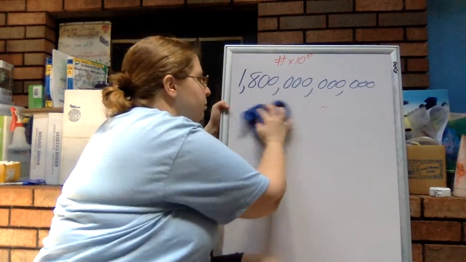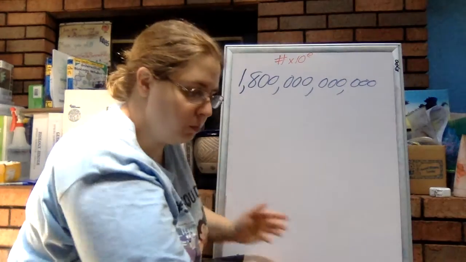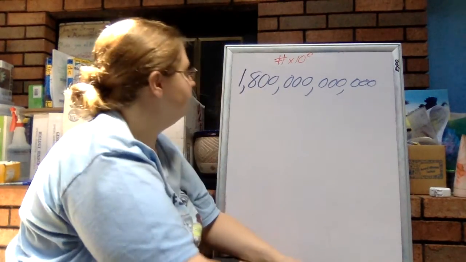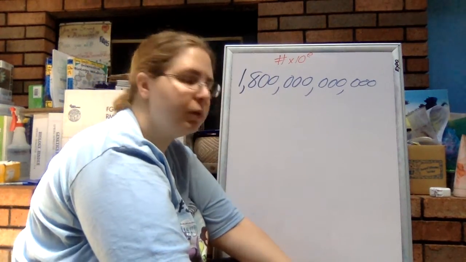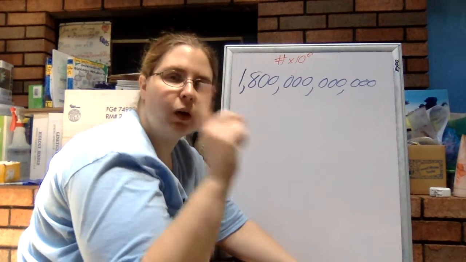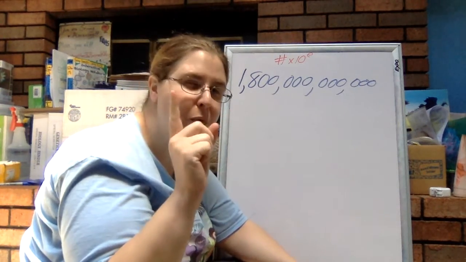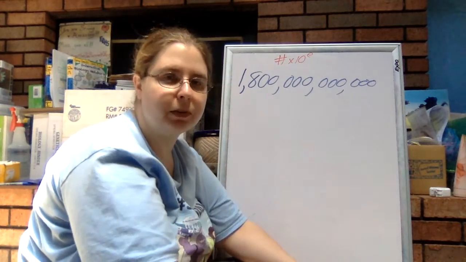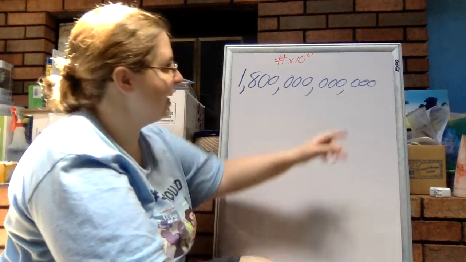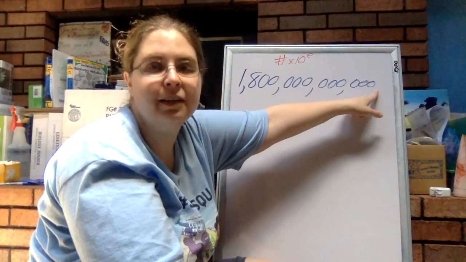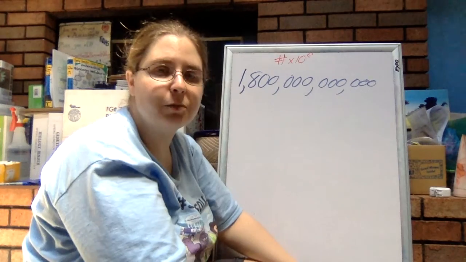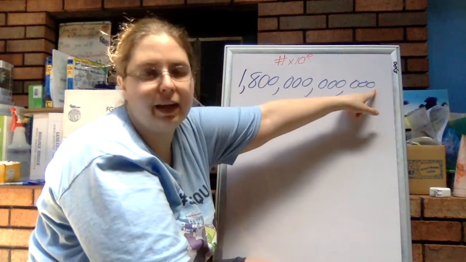All we're doing here is moving the decimal point. Not too hard. We generally want one number in front of the decimal point. I have seen it where there's two, but generally there's one. Right now, our decimal point is all the way at the end. How do I know that? Because I don't see it. Whenever you don't see a decimal point, it's assumed to be at the end of the number.